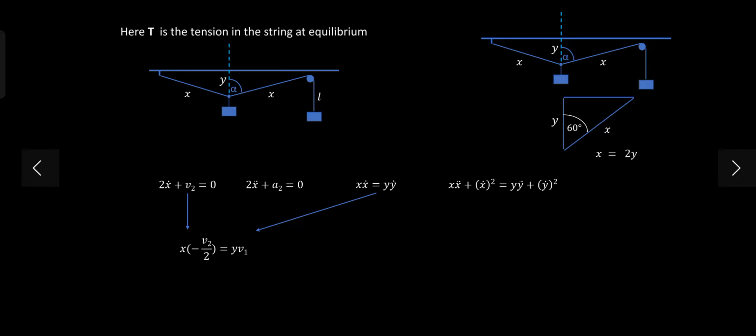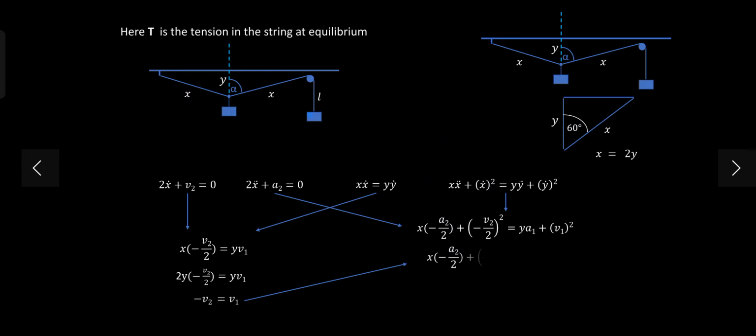By further simplifications, we get this, and in the end, negative of velocity 2 is equal to velocity 1. And from these two equations, we will get this, and then this. By further simplification, we get this. Here I am replacing the acceleration of the second block by the acceleration of the first block at equilibrium.